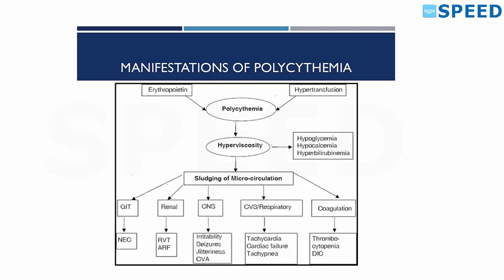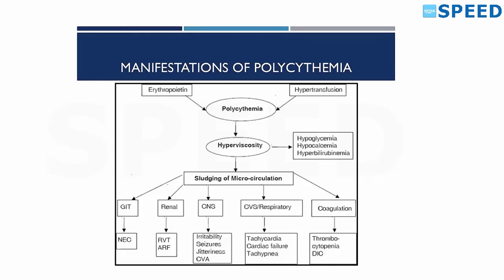And this hyperviscosity, whenever it is flowing through narrow capillaries, results in sluggishness of the microcirculation where the gastrointestinal tract will be congested, resulting in necrotizing enterocolitis. The renals will be affected, resulting in renal vein thrombosis and acute renal failure. The central nervous system is affected, resulting in irritability, seizures, jitteriness, and cerebrovascular accidents. The cardiovascular system is affected, resulting in tachycardia, cardiac failure, and tachypnea.